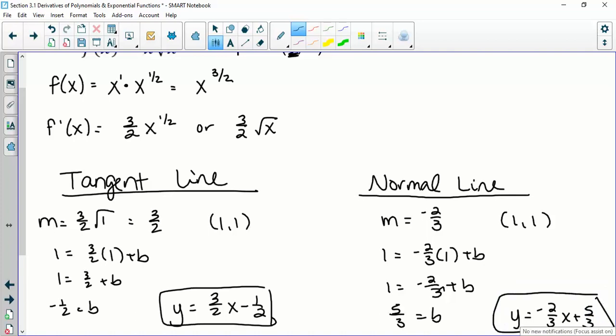So we get negative 2/3 x plus 5/3. Questions here?